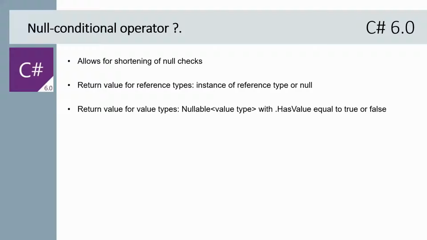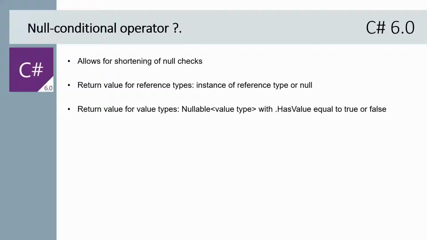So, the next one I'm going to talk about is the null-conditional operator. The null-conditional operator is intended to be used for variables that can be null and must be checked against null before using them. Usually you have an if statement: if my variable is not null, then call this property, call this method, or do some further checks.